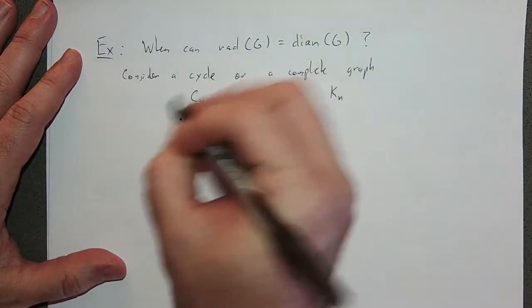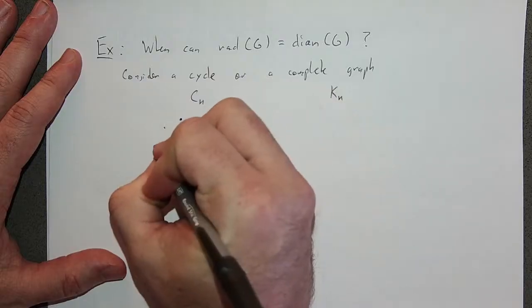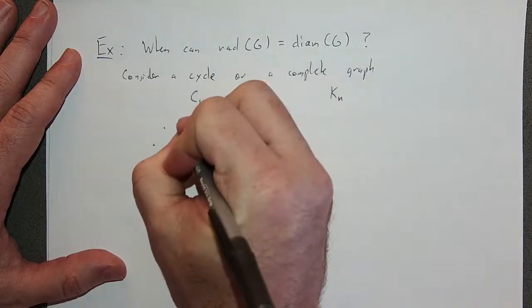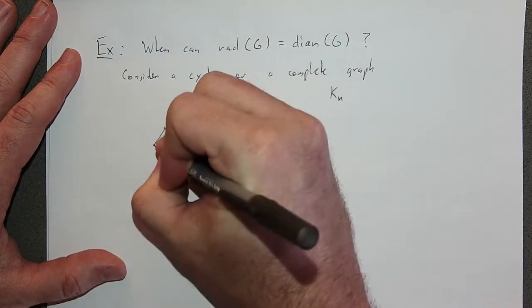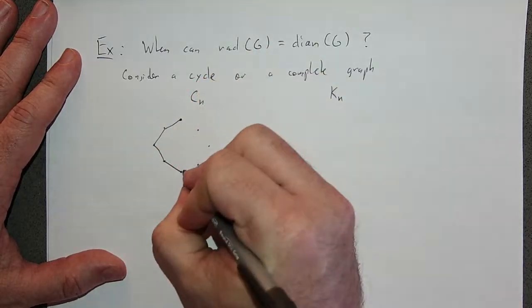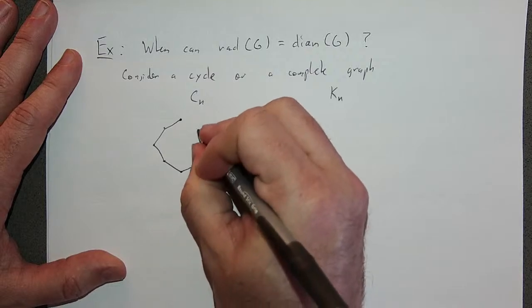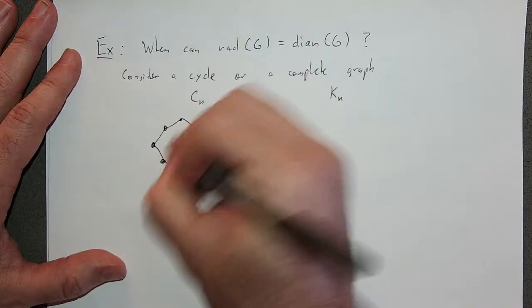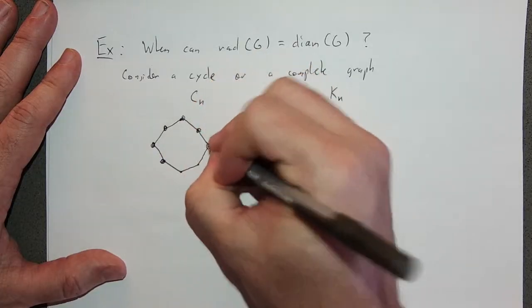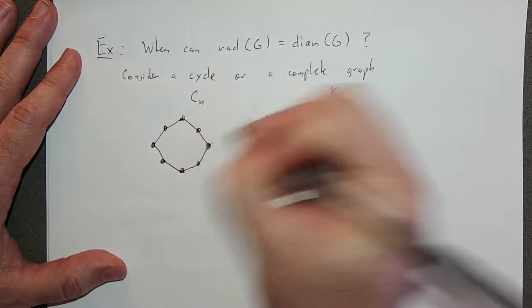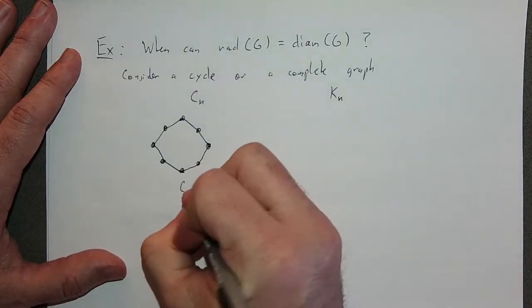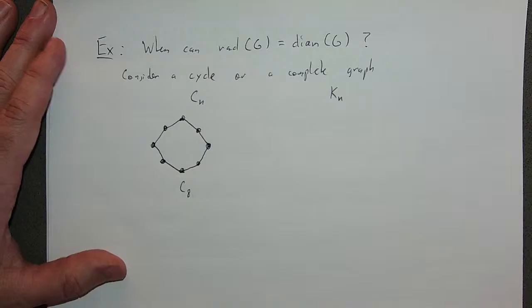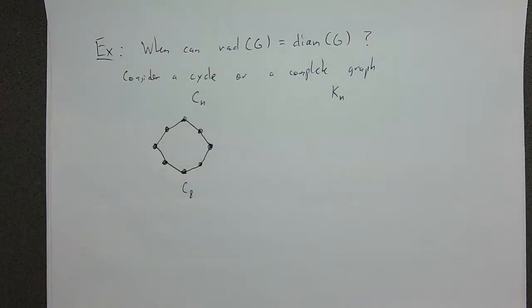So in a cycle, here's C8. A complete graph, I'm not even going to draw it, even for a small one.